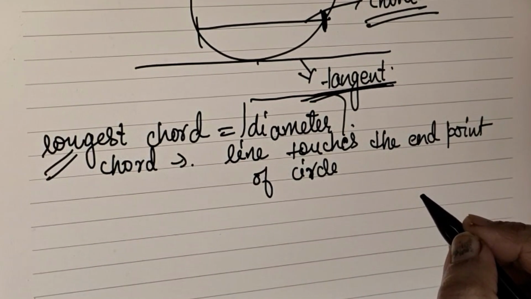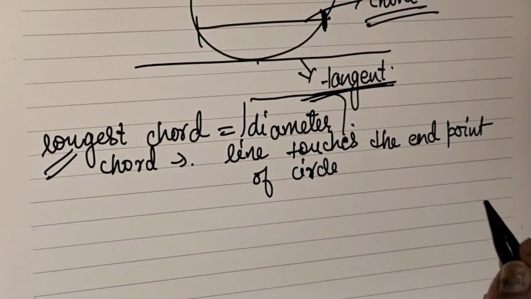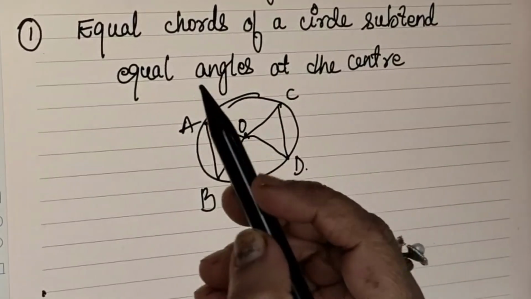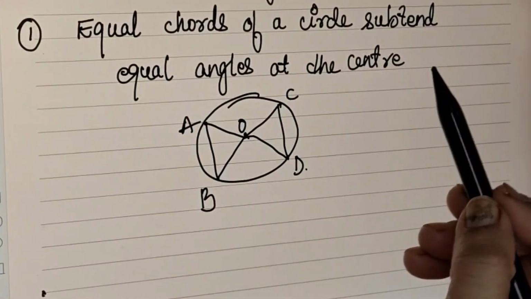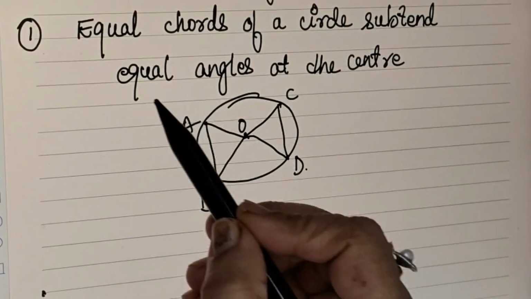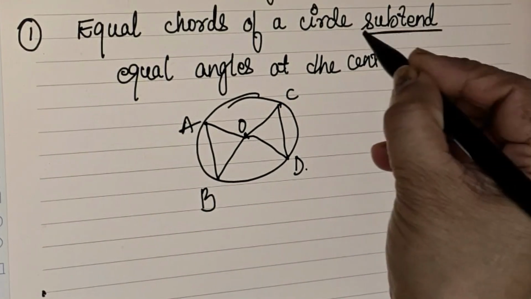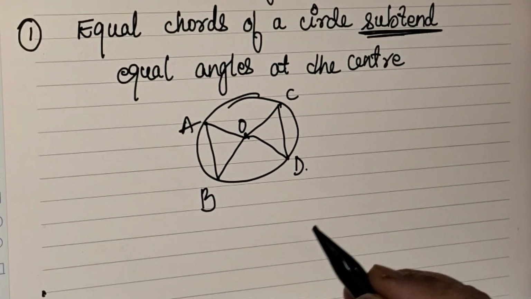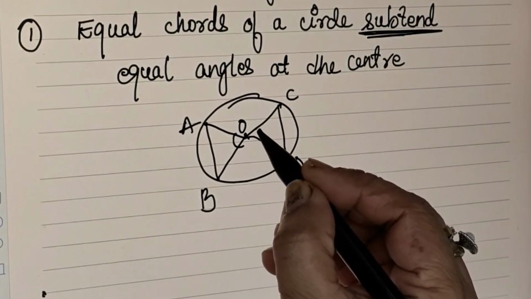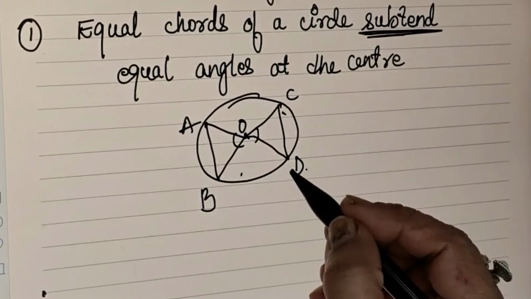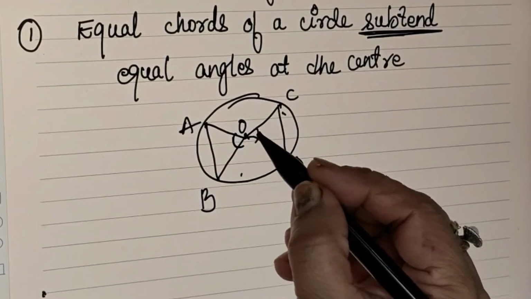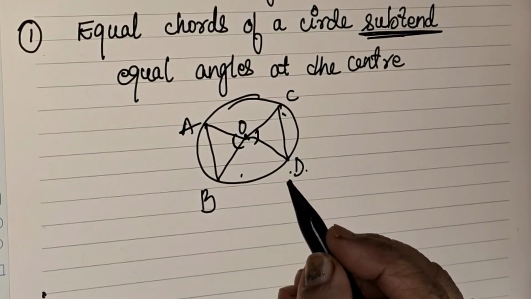Now I am going to start with the theorems. First theorem: equal chords of a circle subtend equal angles at the center. Now what do you mean by subtend? Subtend means make, that when the chords are equal, they will make equal angles at the center.